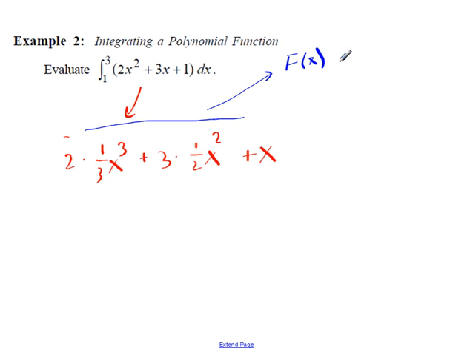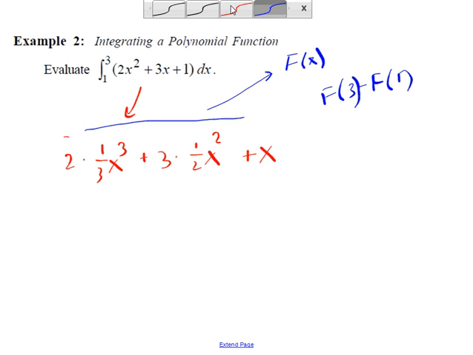And what I want to evaluate, I want to find f of 3 minus f of 1. And the notation that we use, and this is new notation, we write after we find the antiderivative, we say that we're going to evaluate it from 1 to 3. So this bar means we're going to put in the 3 and then subtract and then put in the 1. So let's do it.